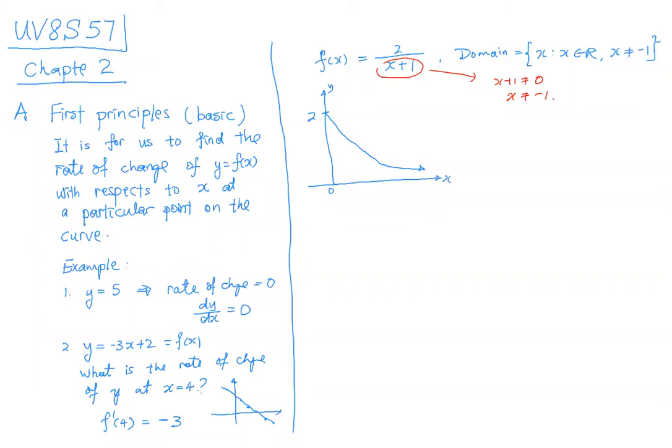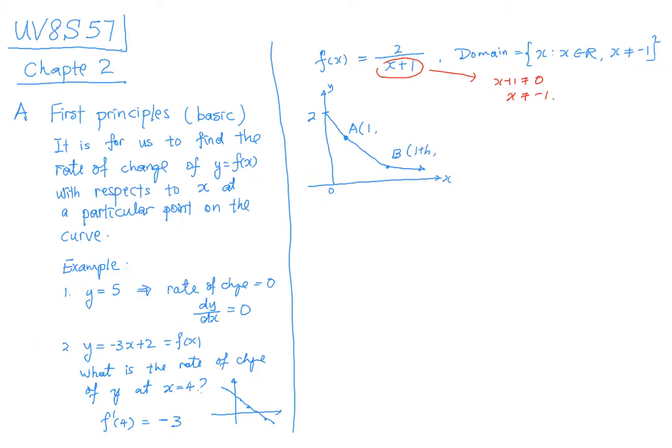So may I ask, if I have a point A here, when my A is x equal to 1, and I have another point B here, the x is 1 plus h.